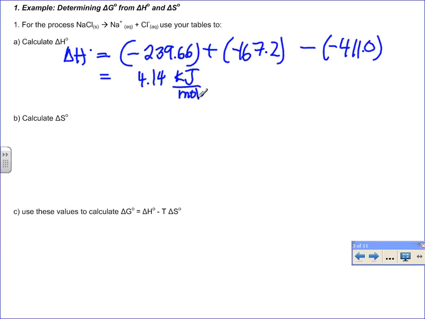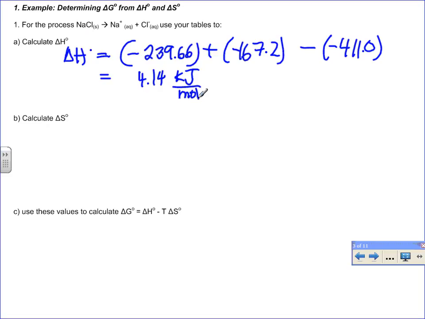So for this process, the delta H naught is equal to 4.414 kilojoules per mole. Recall that the naught symbol means that this is carried out at standard conditions, which means that we are dealing with solutions that are 1 mole per liter and gases are at 1 atmosphere. It also is carried out at 298 Kelvin, which is 25 degrees Celsius.